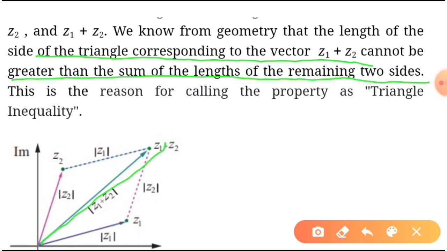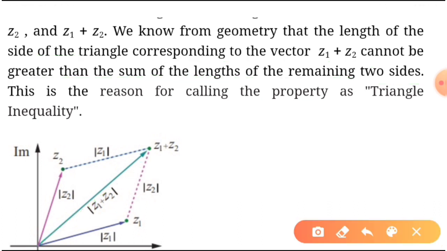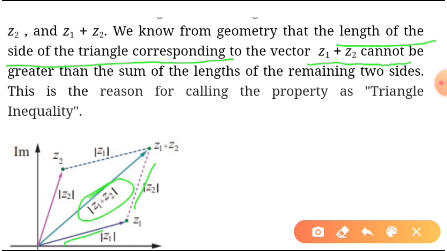That means what? Length of the side of the triangle, for example, this is one side, this is the other side. The length of the side of the triangle corresponding to the vector Z1 plus Z2 cannot be greater than the sum of the lengths of the remaining two sides.